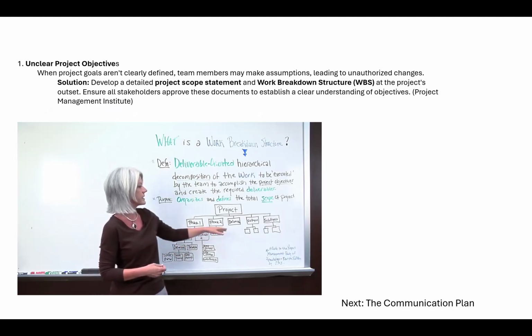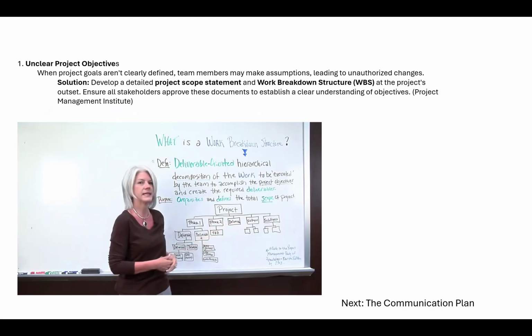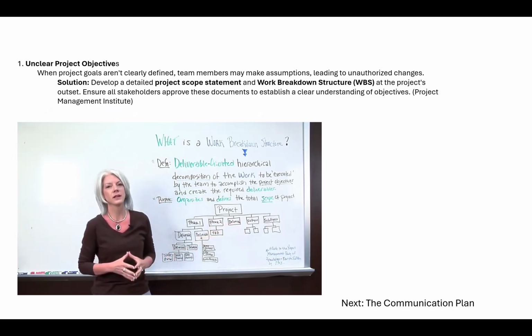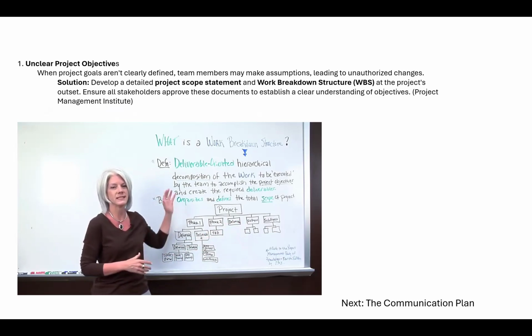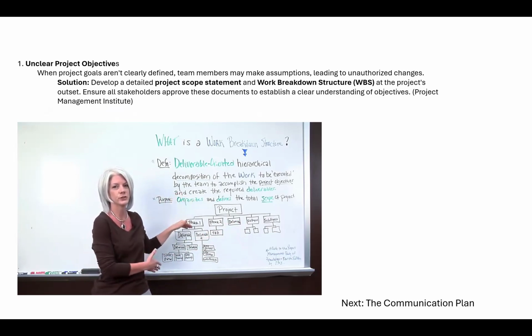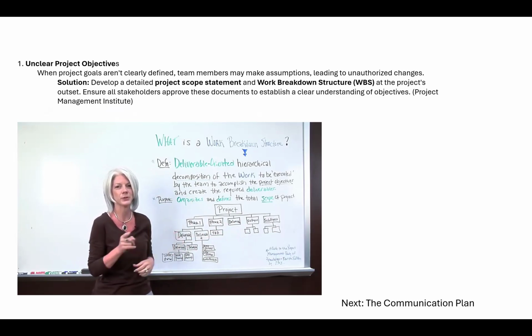And again, this can continue to be broken down. But this simply is a work breakdown structure. I think it's very important to understand the definition, the structure, the purpose, and how we do this. Truly, a picture is worth 1,000 words. And I hope this one helps you for your teams and your projects.